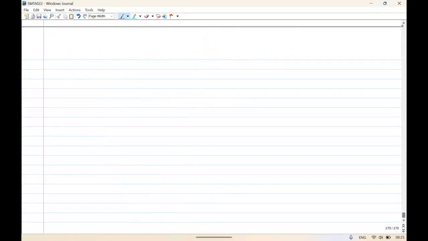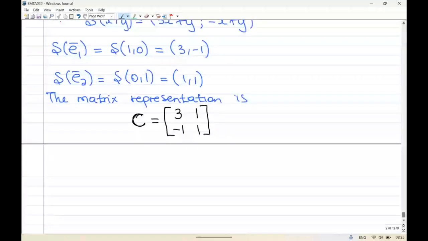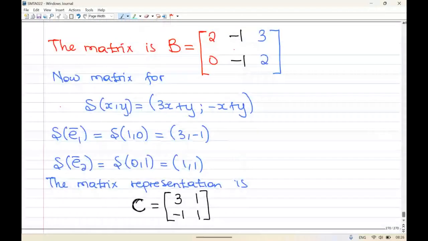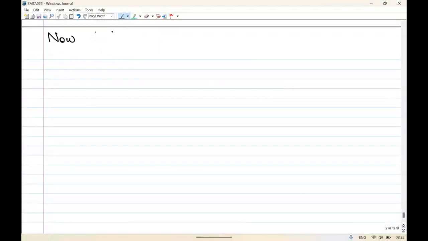Then what is the size of this C, the dimension of C? Let's start with the dimension of B. The dimension of B is 2 by 3.